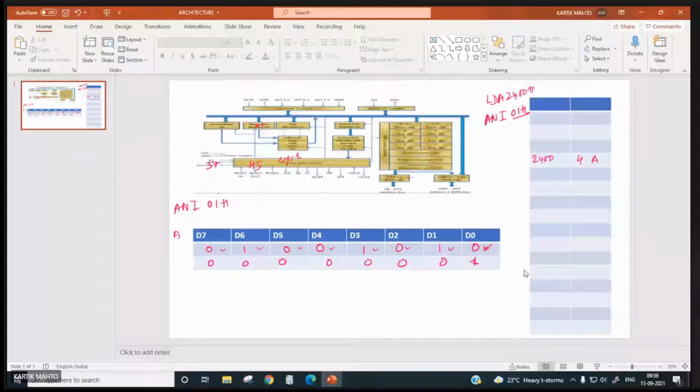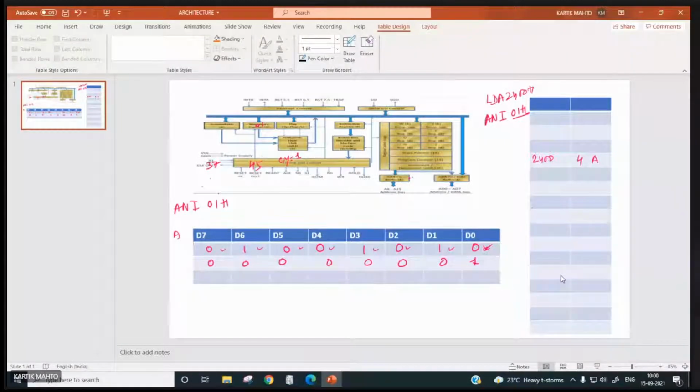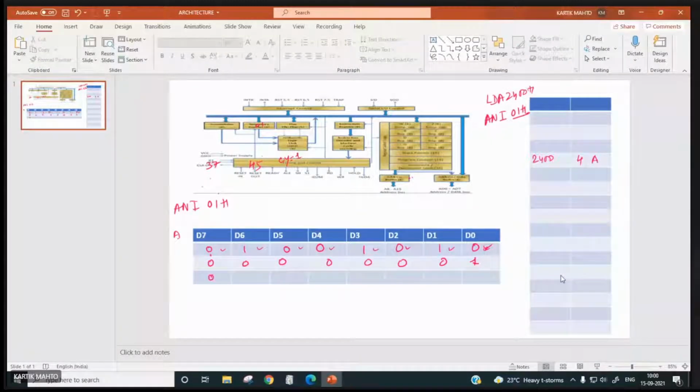What will the result be? 0 ANDed with 0, 1 ANDed with 0, 0 ANDed with 0, 0 ANDed with 0, 1 ANDed with 0, 0 ANDed with 0. So actually we are checking this D0 bit.